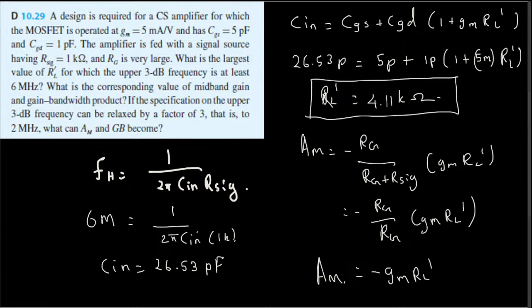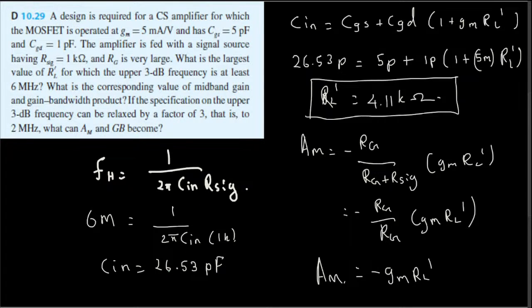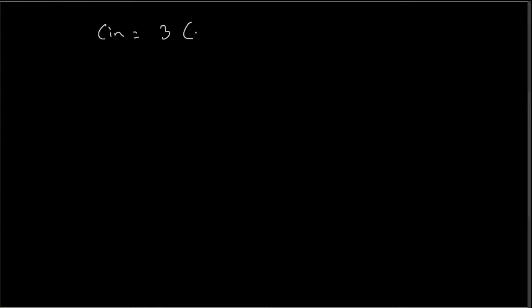First we have to calculate the Cin. If fh is decreasing by a factor of 3, then Cin increases by a factor of 3, so 3 times 26.53 picofarad, which will give us 79.6 picofarad.